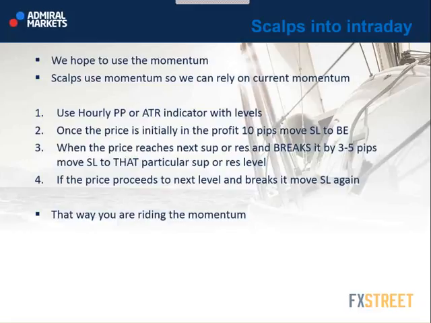When the price reaches the next support or resistance level, which is displayed by the indicator, and breaks it by 3 or 5 pips, move your stop loss to that particular support or resistance level. Okay? And if the price proceeds to the next level and breaks it, move your stop loss again. That way you will be riding the momentum.